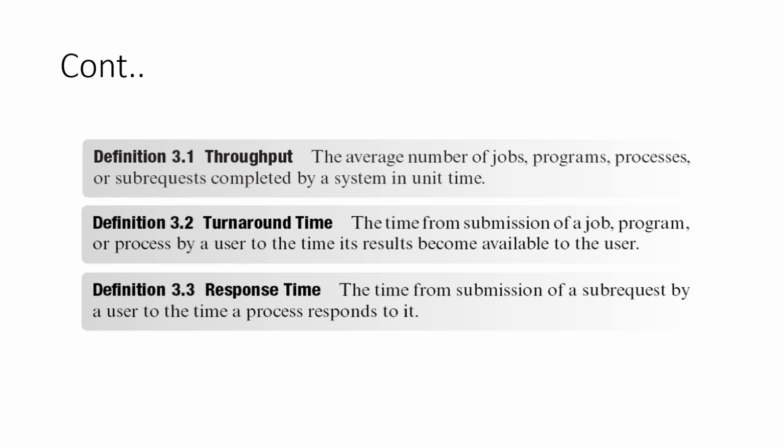It may be a job, a process, a program, or a sub request that is completed by a system per unit time. So it is called throughput. Based on the number of jobs completed per unit time, we are going to calculate the throughput.